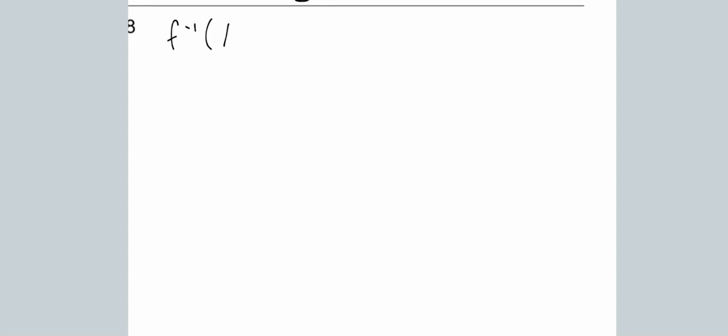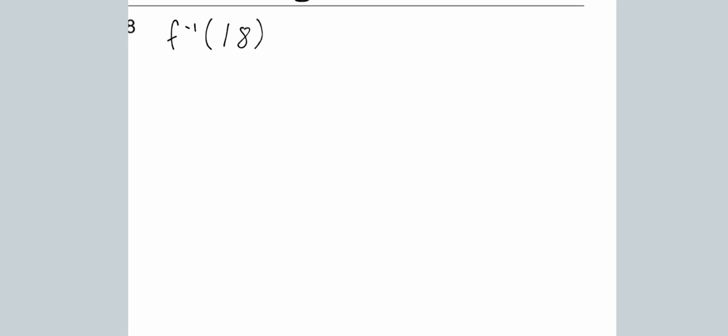What I'm going to do is have a look at question 2B off your functions assignment and give you a slightly alternative approach to how one might solve it if you're trying to evaluate an inverse.